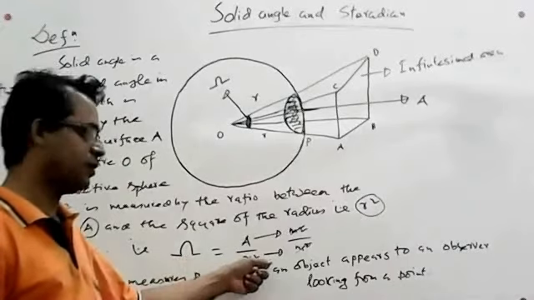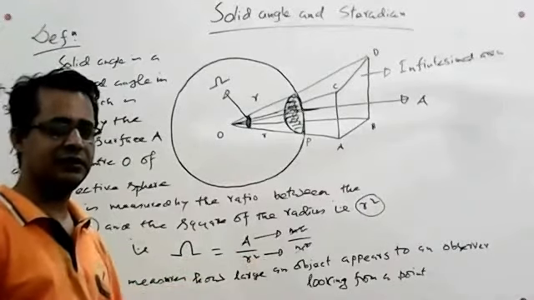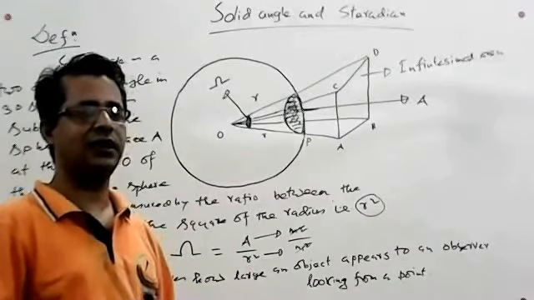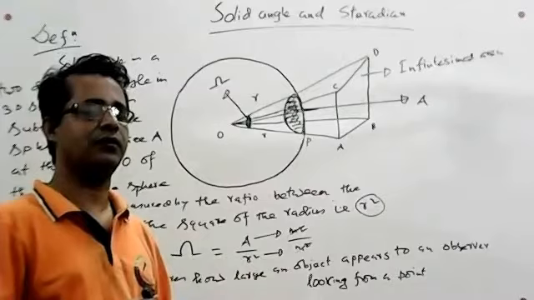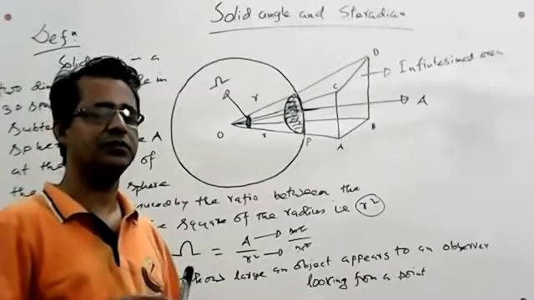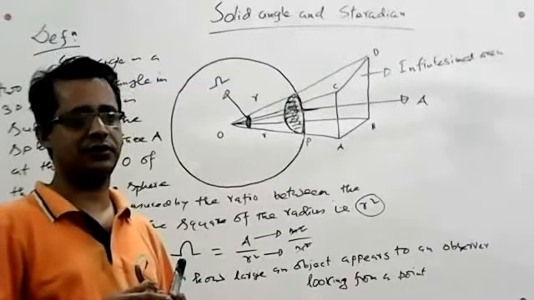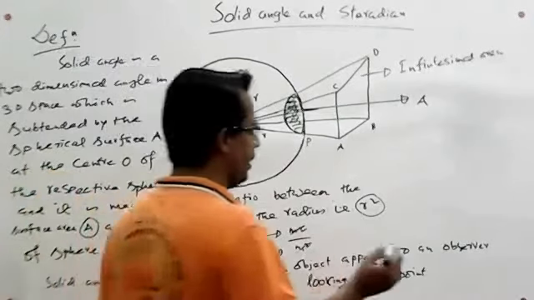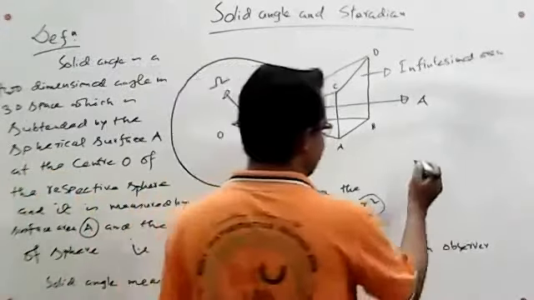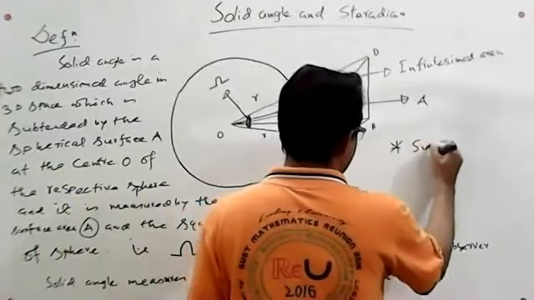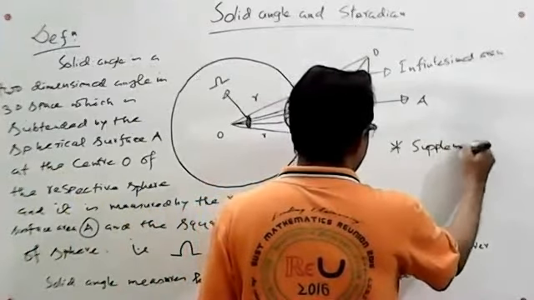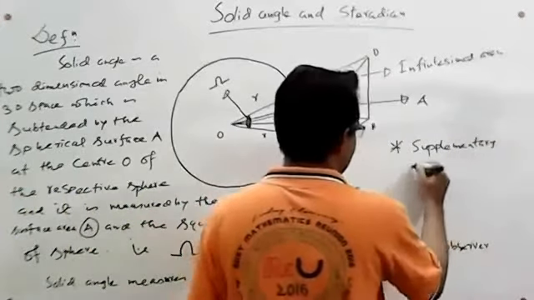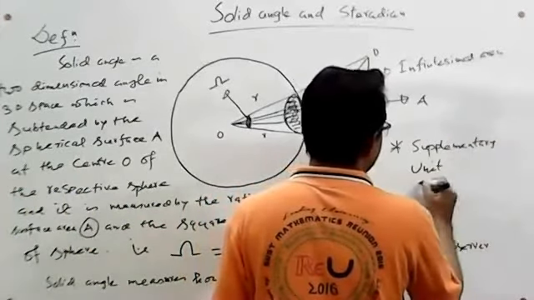So, solid angle is a dimensionless quantity. It has no unit. But since it is an angle, it should have a unit. In that case, we have used a supplementary unit, which is called steradian. So, solid angle is measured by the unit steradian.